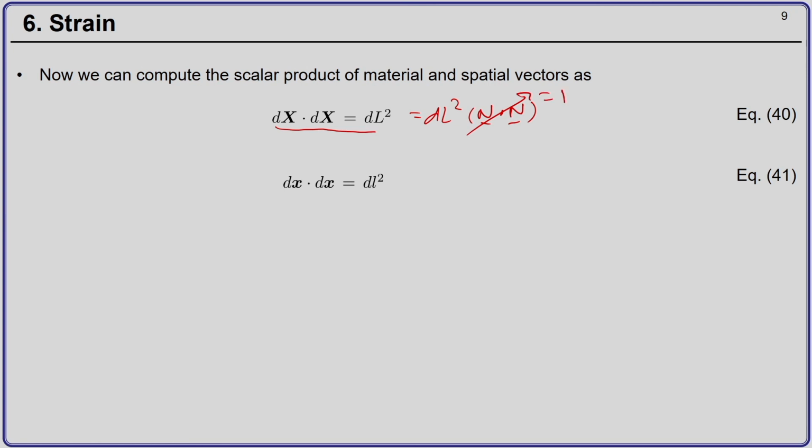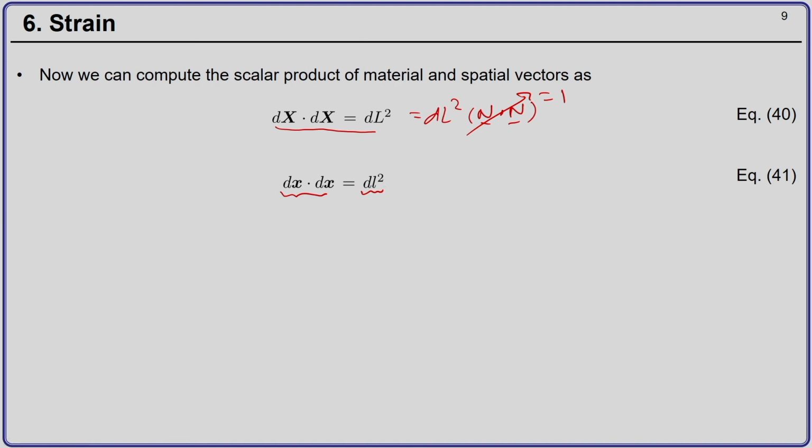So, dX dot dX is nothing but dL square. Similarly, the dot product of the spatial vectors dx dot dx becomes small dl square.